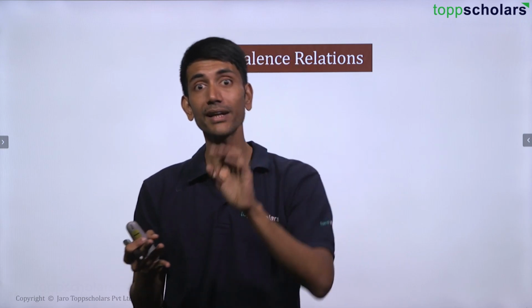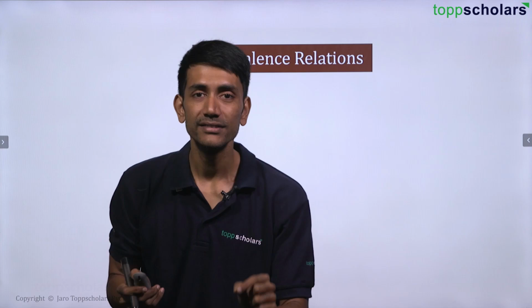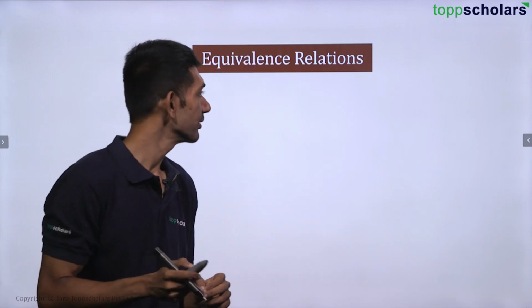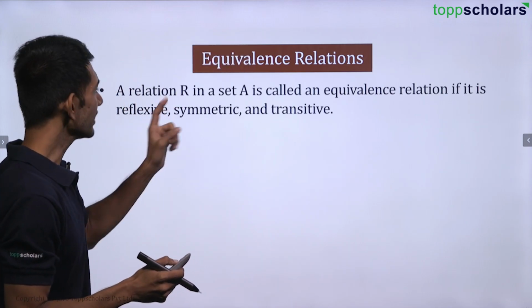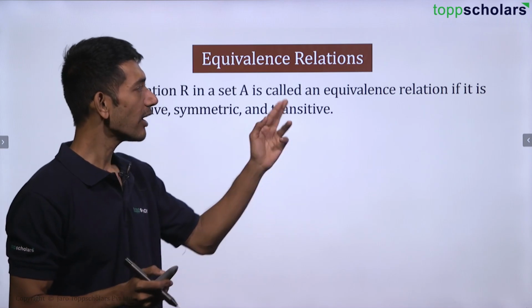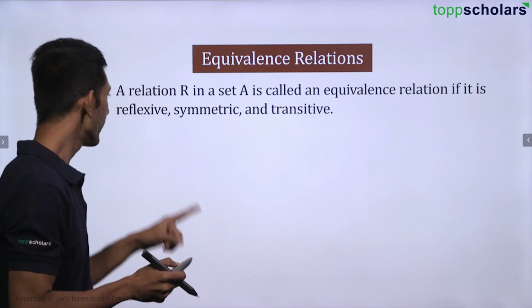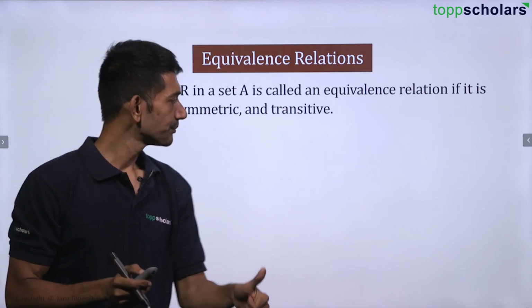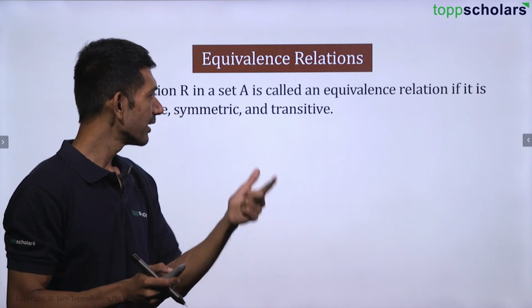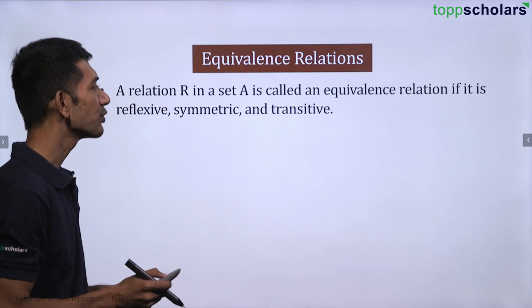So if all the three conditions are satisfied, we can say that the relation is an equivalence relation. So here, a relation R in set A is called an equivalence relation if it is reflexive, it is symmetric, and it is transitive as well.